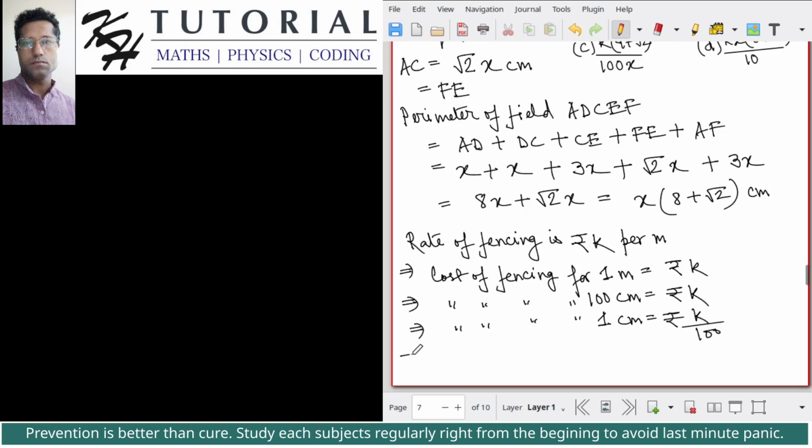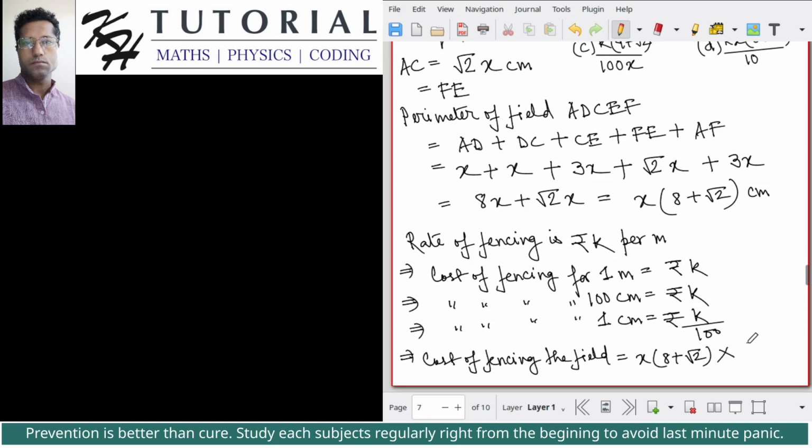So this implies, now I can say cost of fencing the field will be equal to the perimeter. Its perimeter was x multiplied by 8 plus square root of 2. This is the perimeter in centimeter. This multiplied by the rate per centimeter.